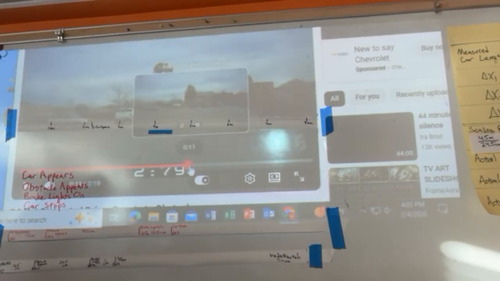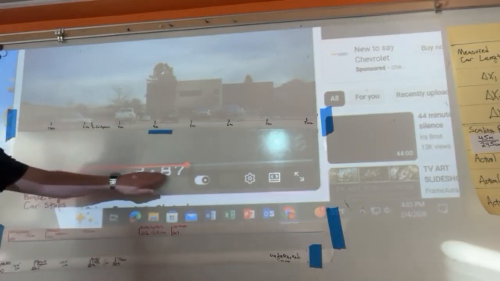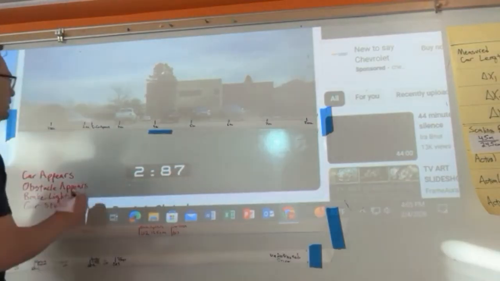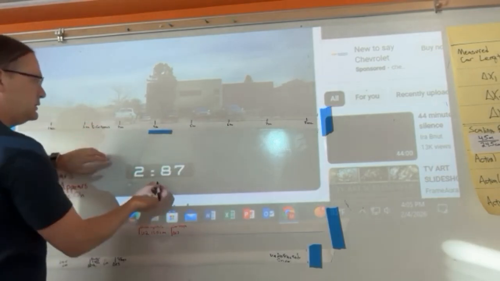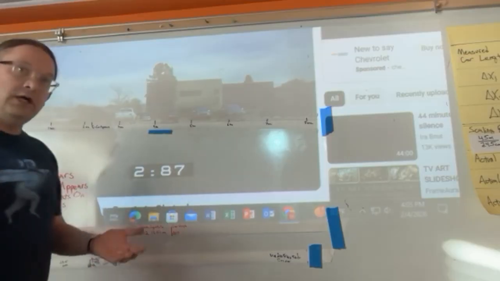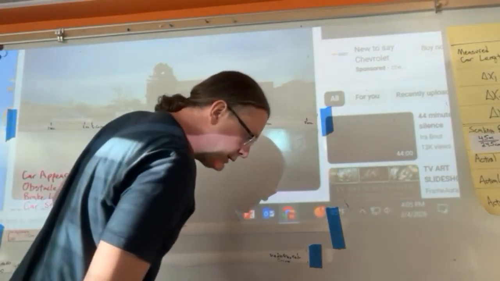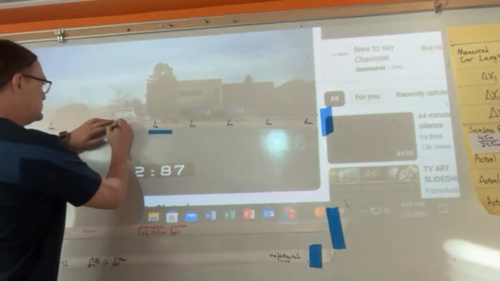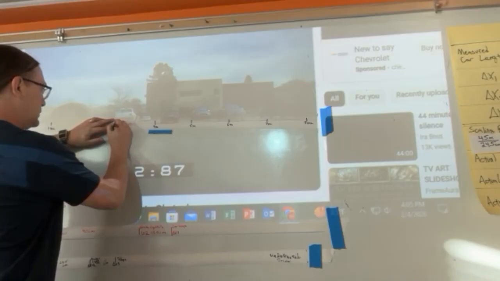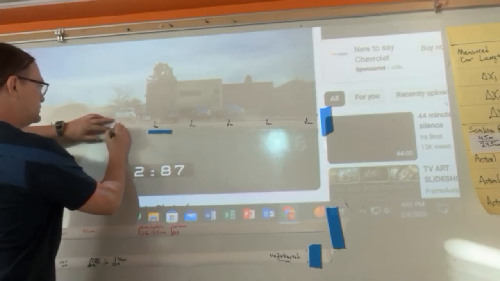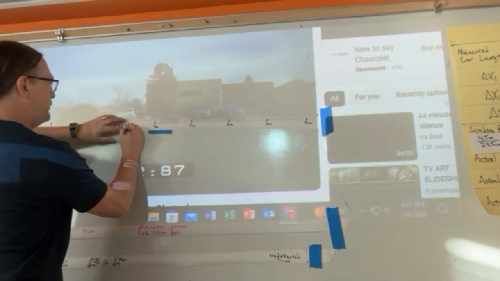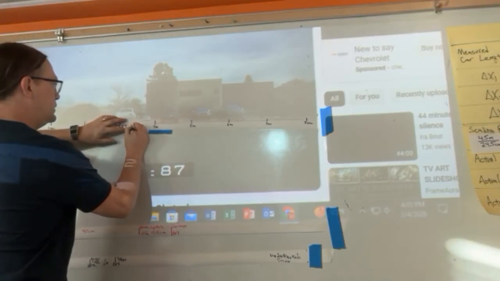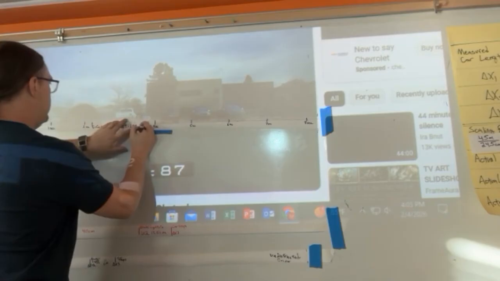Let's just call it 2.9, because I don't have super fine detail over the video control. But the obstacle is clearly not there at 2.87. It was there at 2.95. So we'll call that time 1. Let's guess 2.94, just to be safe.